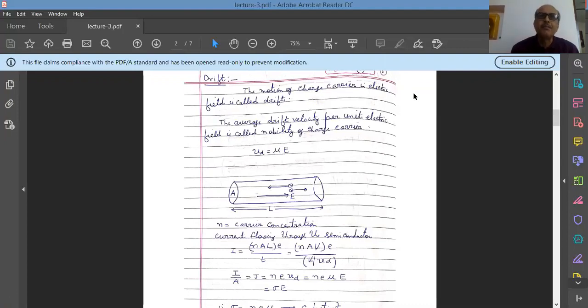If m is the mass of the electron, then the acceleration will be eE/m, and we can write v_d = 0 + (eE/m) t. Now what should be the value of t?